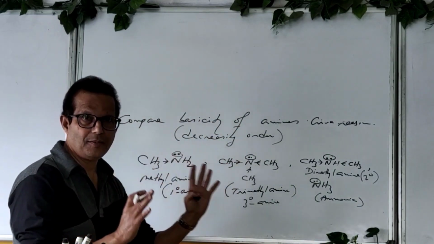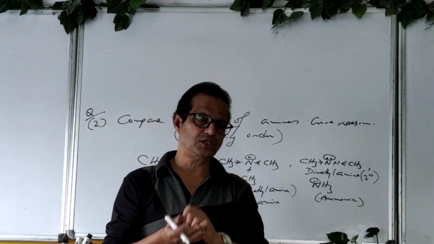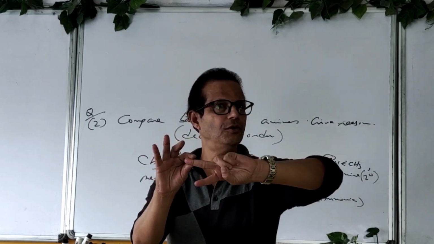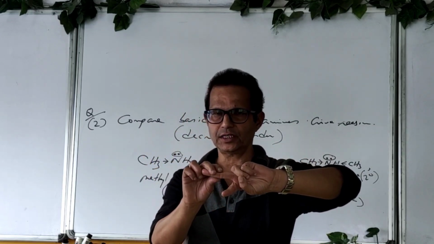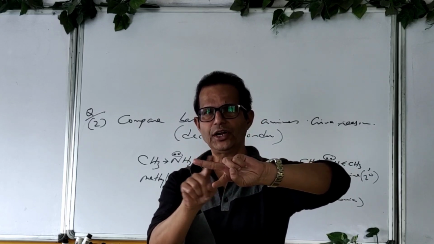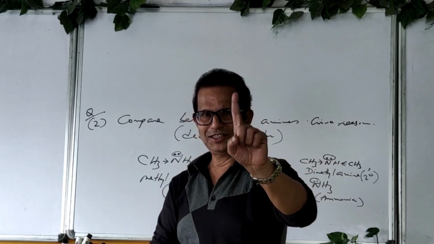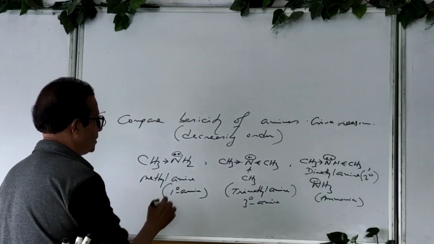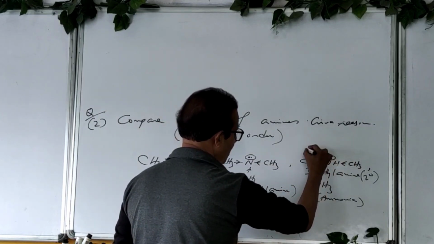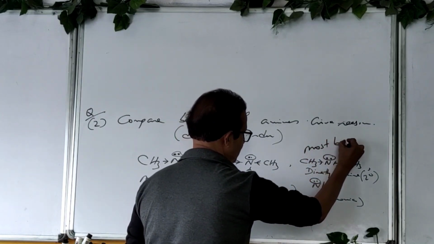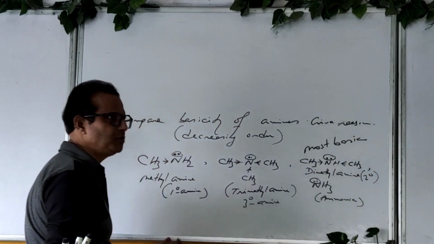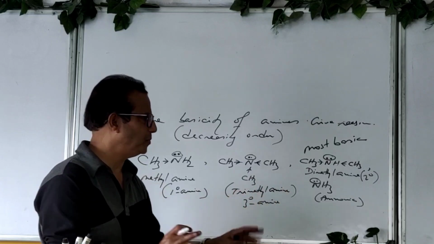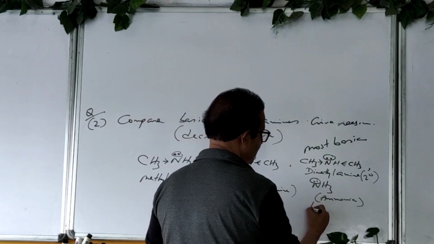Remember it, trimethylamine is not the most basic, because you know that in basicity of amines, 2 major factors are to be considered. One is density of lone pair of electron on nitrogen and another is steric hindrance. So if we consider it, remember it, secondary amine is the most basic. And which one is least basic? Ammonia, there is no electron donating groups. So it is the least basic.